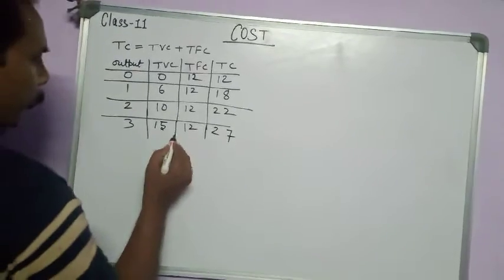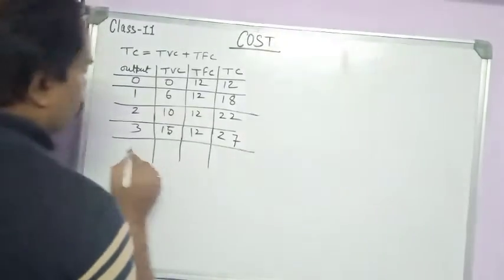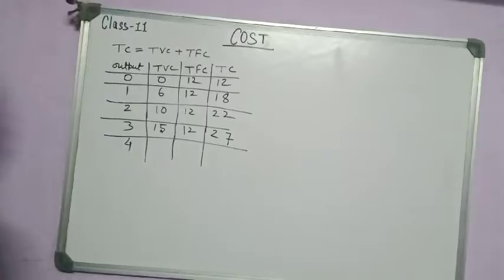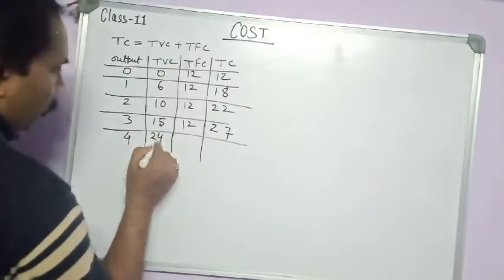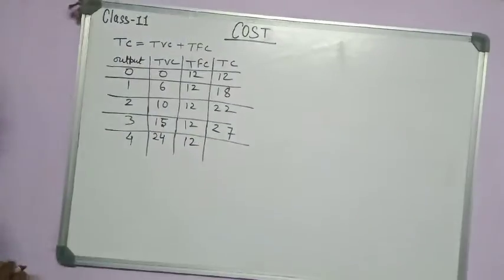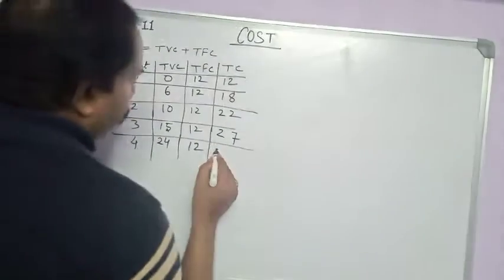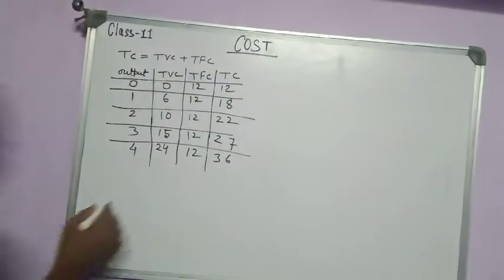Okay. Now if we move towards one more output, that is the fourth output, clear. So total variable cost is suppose 24 and this is again 12, then what will happen? The total cost will be 36. Clear?